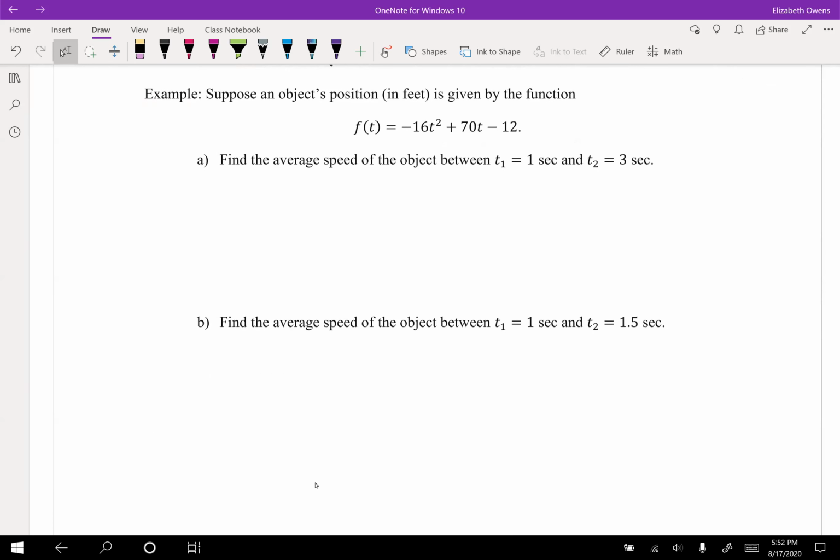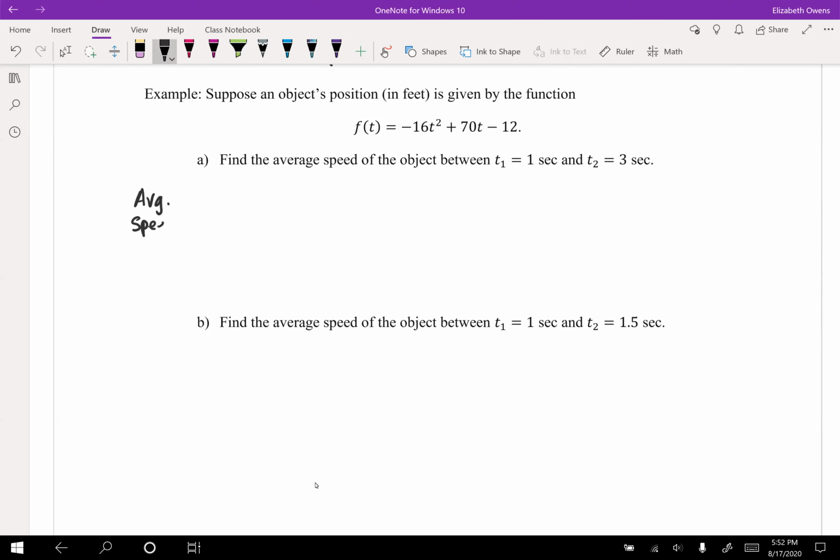Now, when we've got a function like this, you might see that average speed formula written a little bit differently. Instead of literally writing the words distance traveled, we can calculate that distance by taking the difference between the two positions at those two points in time.